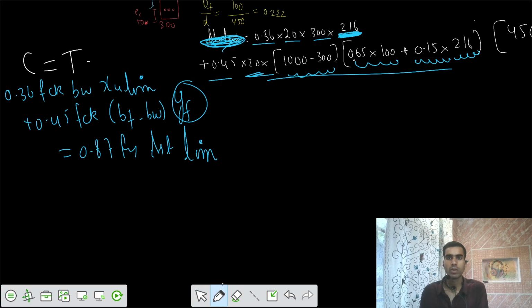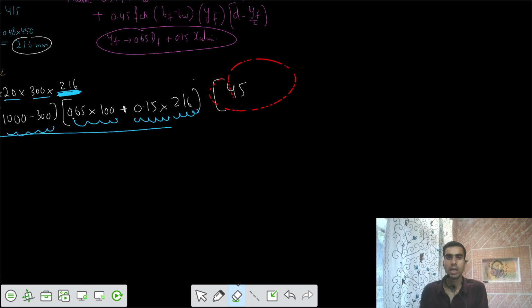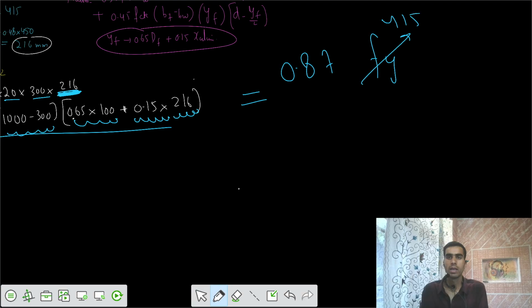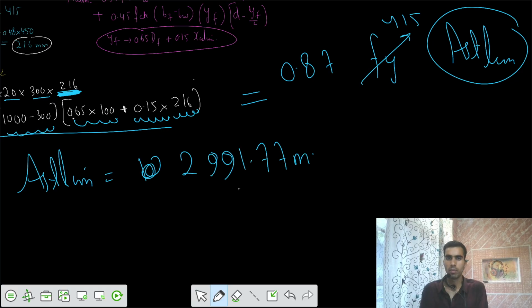This part is already over, and we have to remove the lever arm. We equate the total C force to the total T force of 0.87 fy into Ast limiting. So we get the value of Ast limiting equals 199.177 millimeters square.